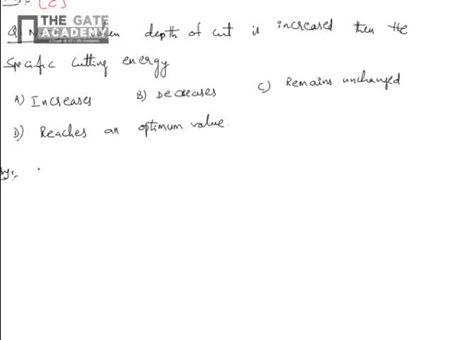What is meant by specific cutting energy? Specific cutting energy means the amount of energy required for removing unit volume of material. So when you increase the depth of cut, you can remove more material with the same energy. So when the depth of cut is increased, the specific cutting energy will decrease.